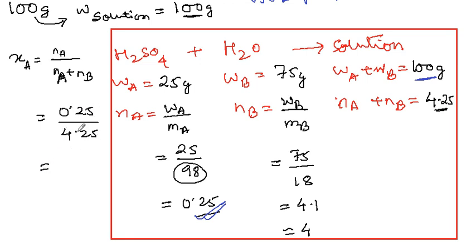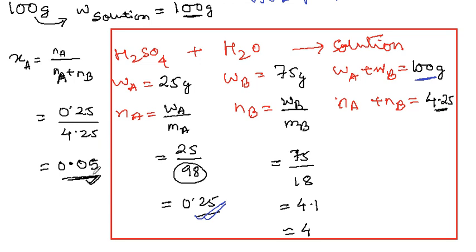If we divide this, we'll get 0.05. Since the mole fraction has a maximum possible value of 1, it should not be more than 1, and 0.05 is much less than 1, so our answer should be possibly correct.